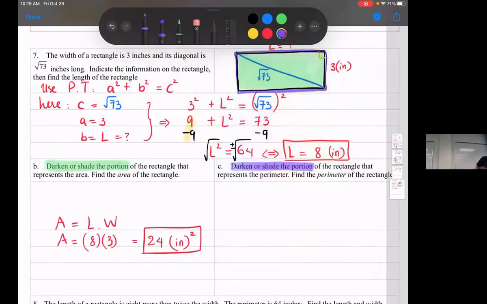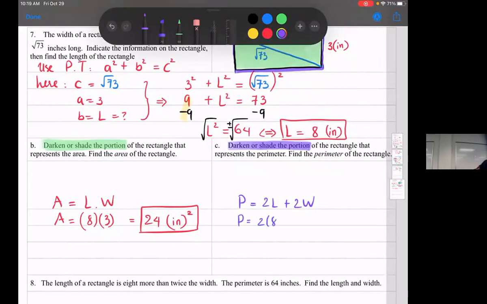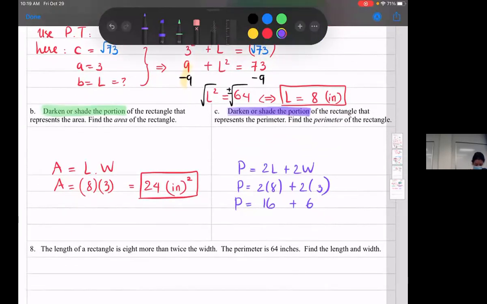The perimeter of the rectangle is 2L plus 2W, right? So that's 2 times 8 plus 2 times 3. 2 times 8 is 16, 2 times 3 is 6. So the perimeter is 22. What's the unit? Inches, right? It's just inch plus inch, so inches.